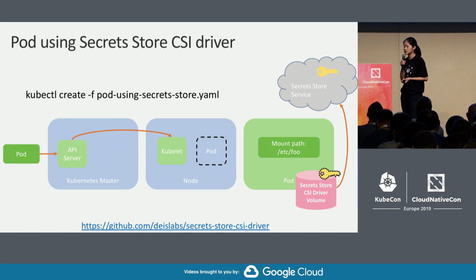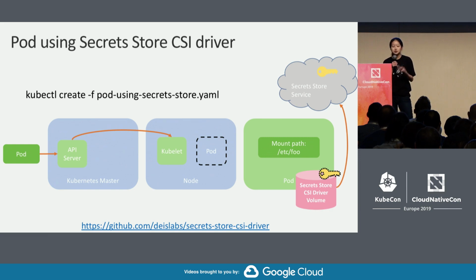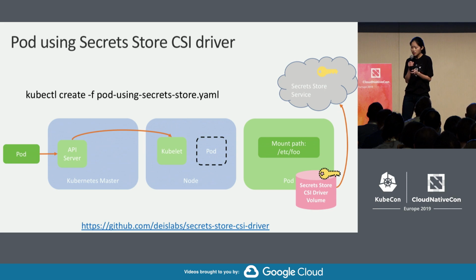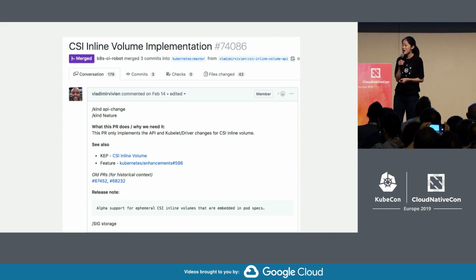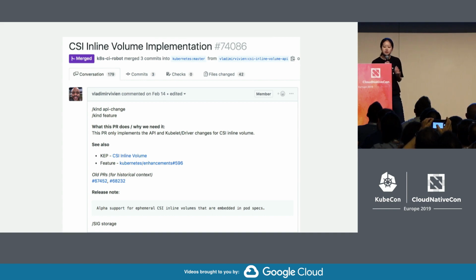So with the Secrets Store CSI driver, it is no different. Once you deploy the plugin, then, as I mentioned earlier, the driver can attach the secret to your pod. And in 1.15, and I want to highlight this awesome PR, the CSI inline volume feature was introduced.